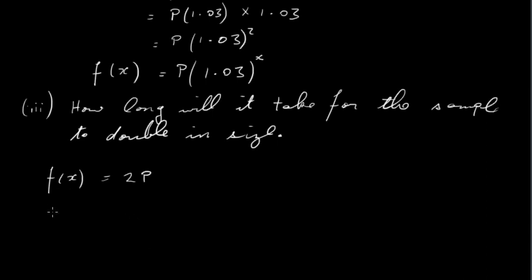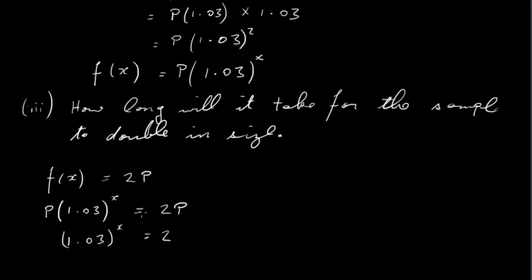So f of x then, as we've seen up here, is p times 1.03 to the power of x. So that's our 2p here. That's f of x here. That's what we got up here. Now you can just divide this side by p, divide this side by p, and you end up with 1.03 to the power of x is equal to 2.